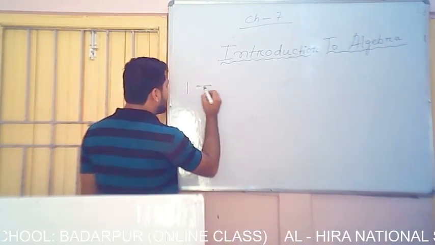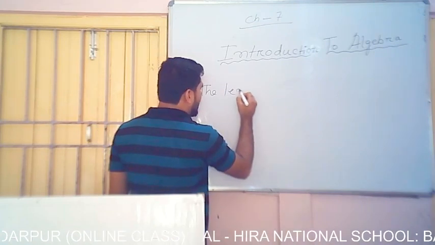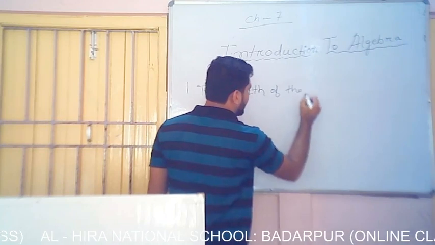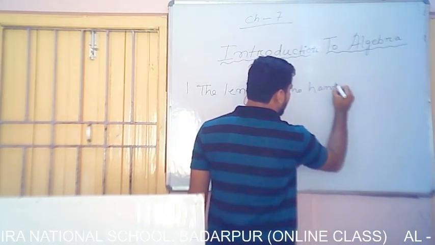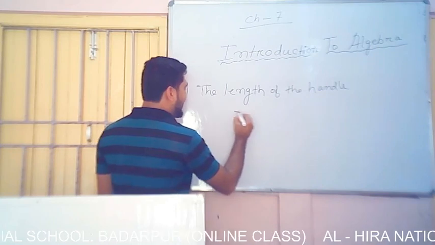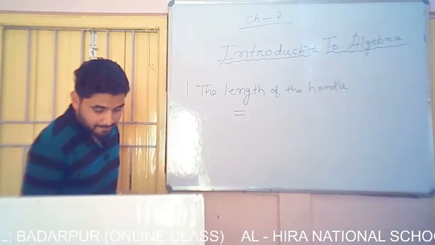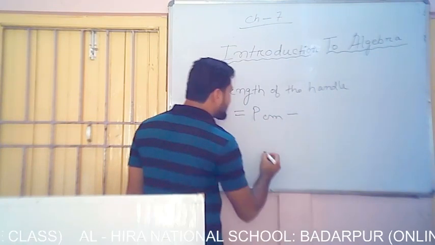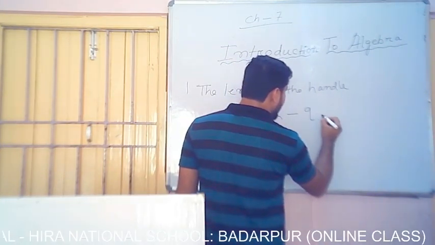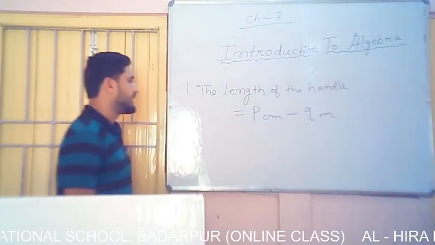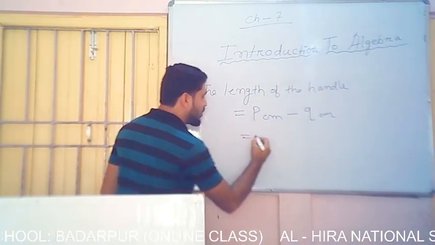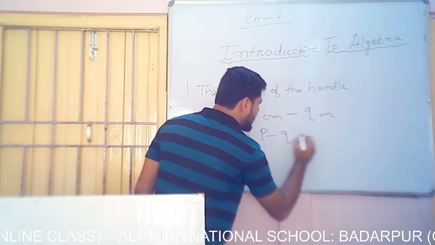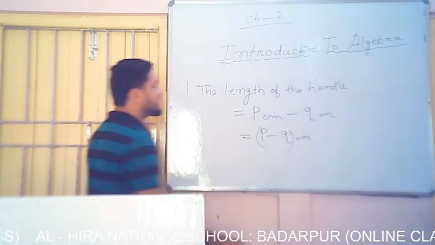The length of the handle equals P centimeter minus Q centimeter, which equals P minus Q centimeter.